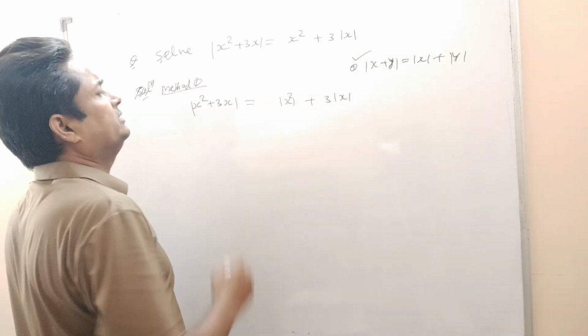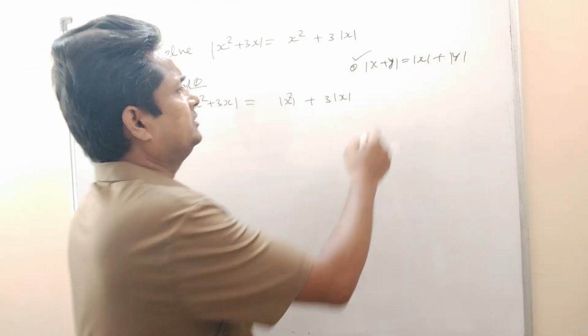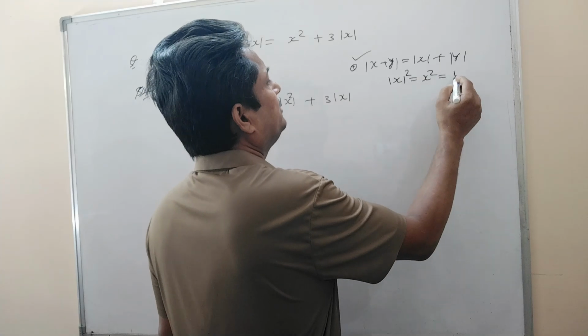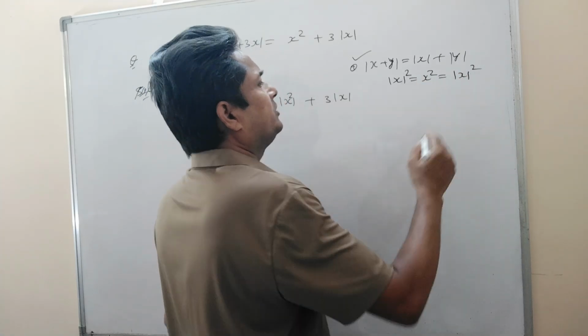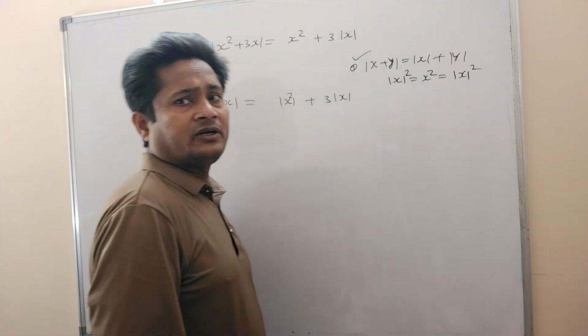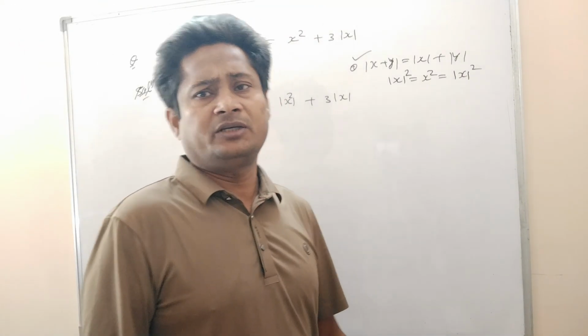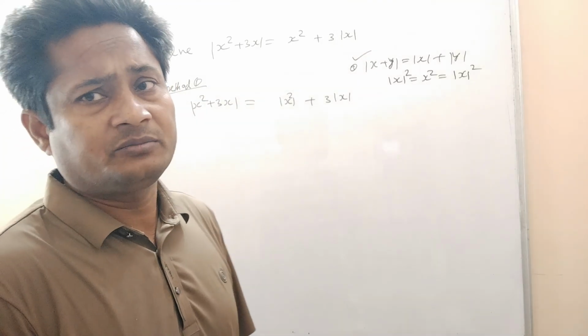This is the property mod x square is equal to x square, or you can write it as mod of x square. These are equivalent. You can check by putting any number, whether negative or positive.